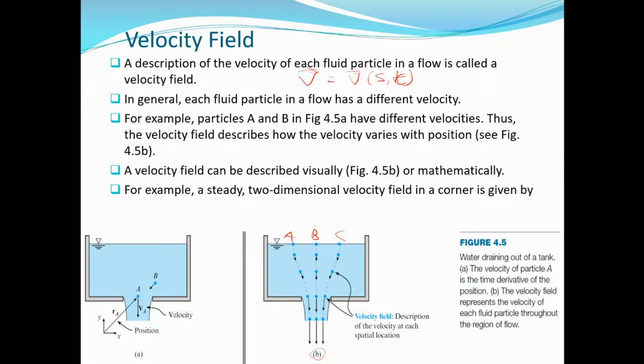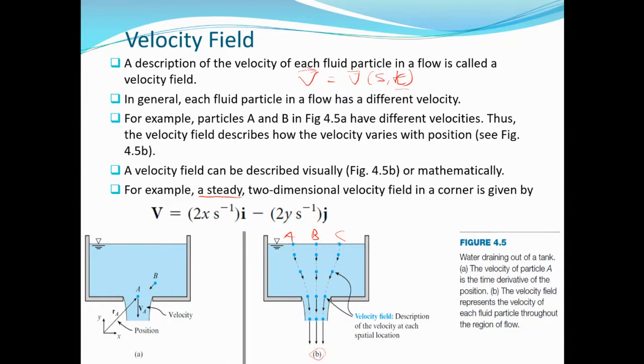For example, a steady two-dimensional velocity field in a corner is given by v = 2x i - 2y j. So this is a velocity field. It says steady. We will define the types of flow later. Steady means the flow parameters do not change with time. So time is not a variable.